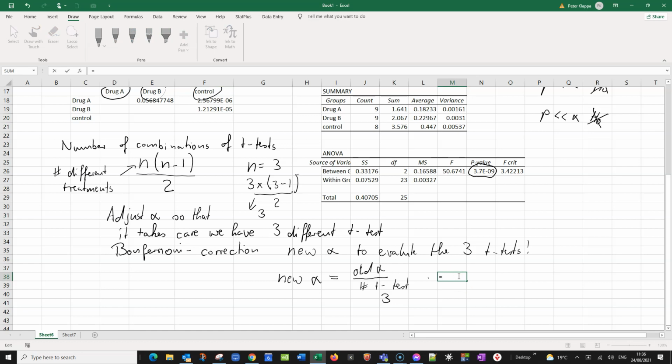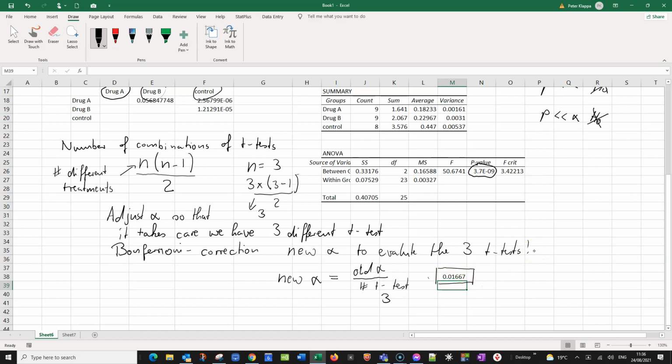Our previous alpha was 0.05 and we divide by 3. So our new alpha at which we look at our t-tests is now 0.0167. We now compare the p-values for the t-tests that we got from the pairwise comparison with no longer the alpha of 0.05, but with 0.0167.